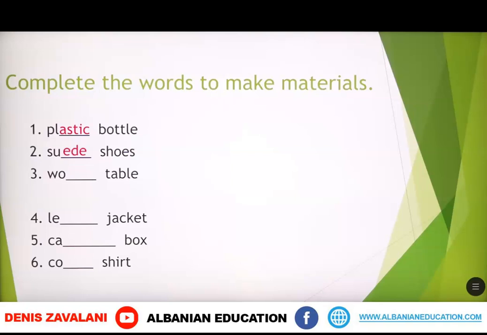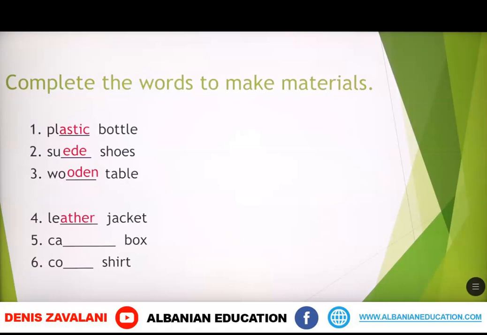Number 3, it starts with WO. What kind of letters would you add here to complete the word? Wooden table. It's wooden. Number 4, LE, jacket. What's this word? What kind of letters are missing there? It's leather jacket.